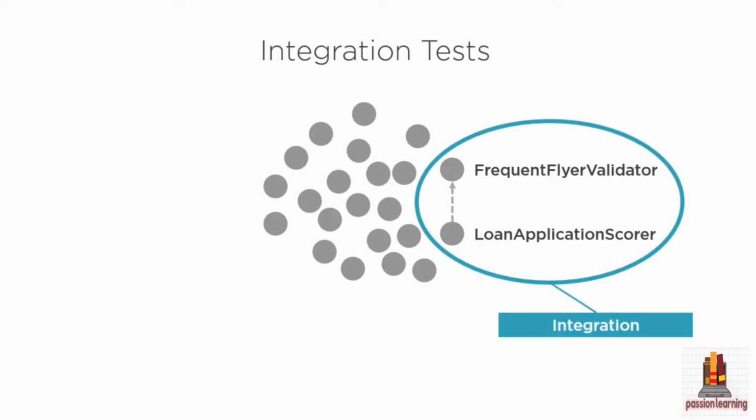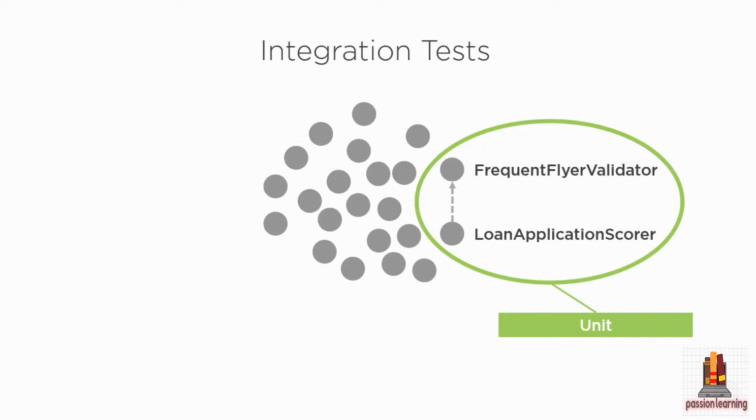In the previous pseudocode, this could be described as an integration test, but the team could also decide that the unit of behavior here for the Loan Application Scorer also includes the FrequentFlyerValidator, so this could also be considered a unit test depending on the team's definition.